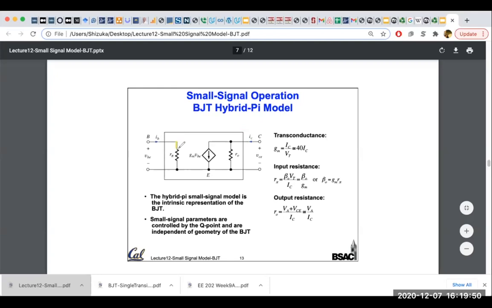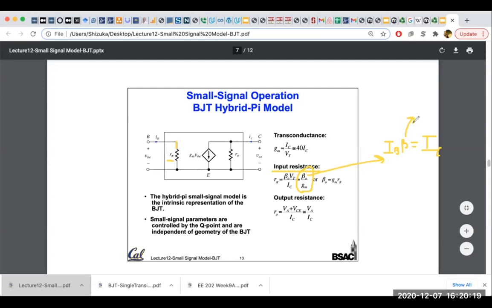Now in BJT you have a resistance called R pi, and R pi is the input resistance for the BJT, and it is equal to beta 0 over gm. So beta 0 was the current multiplication factor, right? IB times beta was IC. This beta comes from BJT physics.